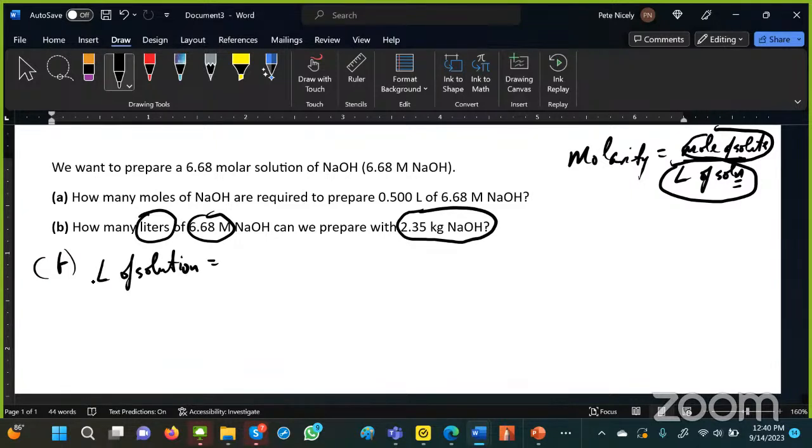You sure about that? Anybody else? How would you rearrange this equation to get an equation where you have liters of solution equal to something on the right side of that equal sign?